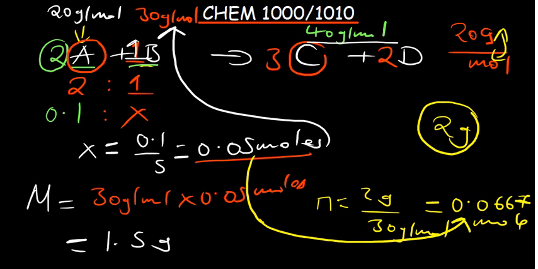So we know that the actual mass that we had of B was 2 grams, right? You can subtract, and what you're going to have is now the mass of the excess reagent that never reacted in the reaction. Is that okay for everyone?